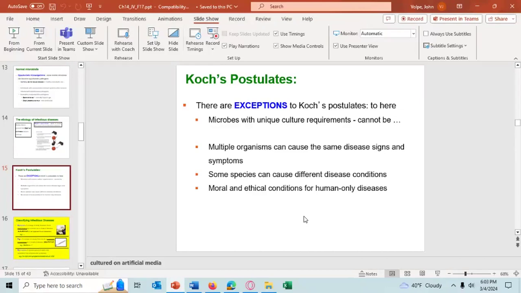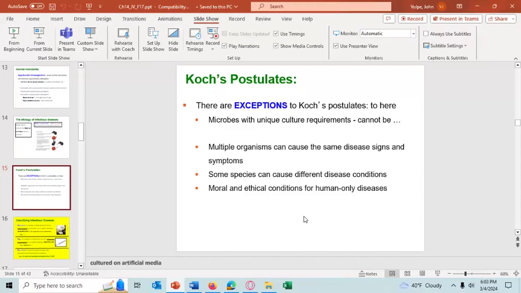And they have done that for, I don't know, like syphilis. They can inject Treponema pallidum into rabbits and then get syphilis to occur in the rabbit. But it doesn't grow very well in the rabbit. And after a few generations, something like 3 or 4, it stops growing in the rabbit because it's not getting the requirements it needs from a human.